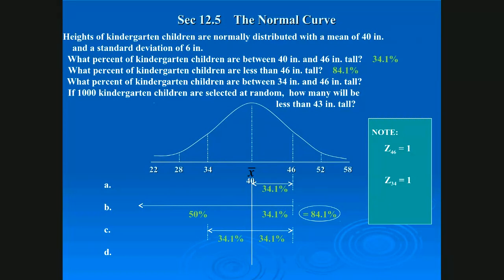And so the percentage of children that are between 34 inches in height and 46 inches in height would be the 34.1% plus the 34.1%, which gives us approximately 68.2% of the children.